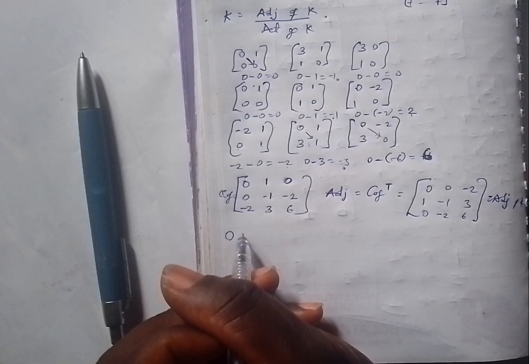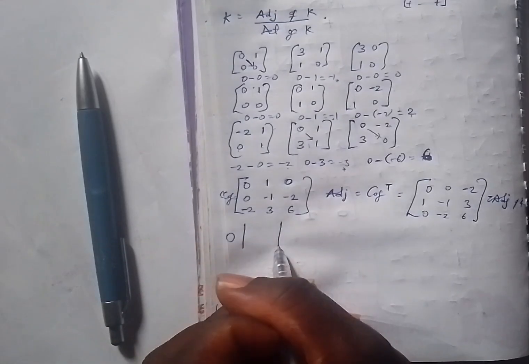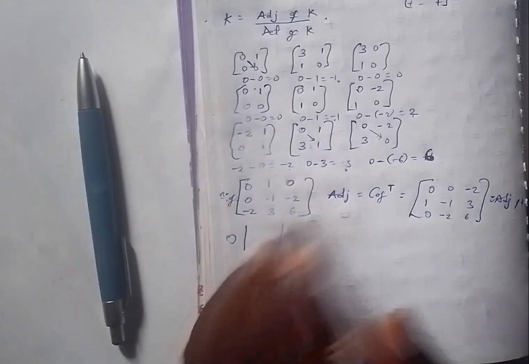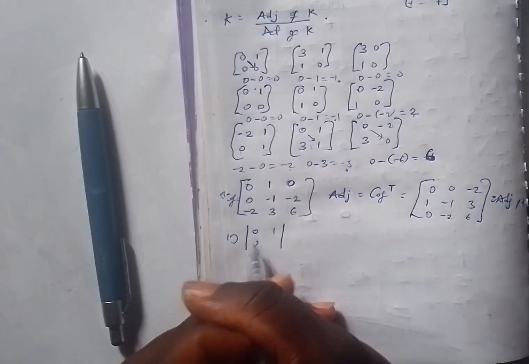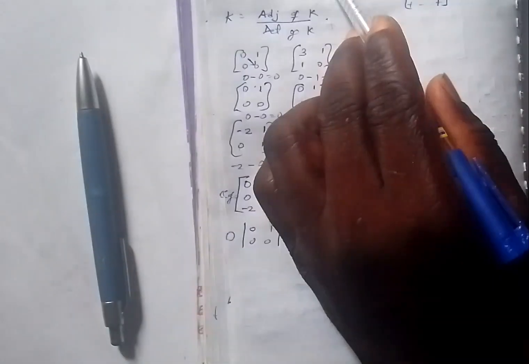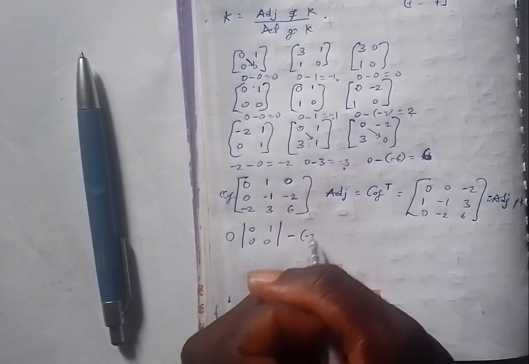Then for 0, when you cover the row and column of 0, I'll have just these elements here, but let me take it gradually. So when I cover here and here, I'll have 0, 1, 1, 0, 0, 0, 1, 0, 0. Then minus, minus 2.